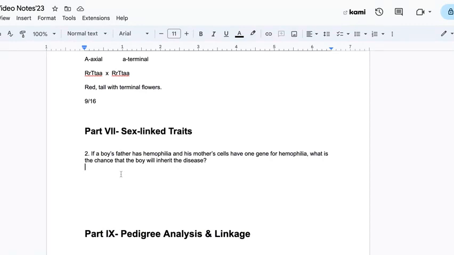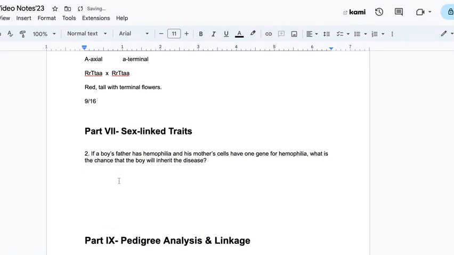If a boy's father has hemophilia, we know that the father, because he's male, has to be XY. That's his genotype for being male, and he has hemophilia. Let me step back a second and define some alleles.